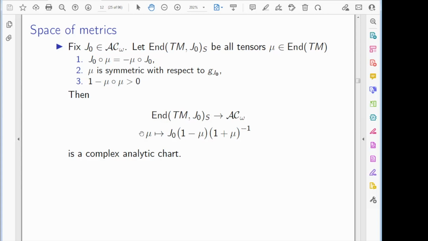So the almost complex structure given here, which you could call J, is given by this tensor, where the type decomposition of J in 0,1 is given by the graph of this tensor.